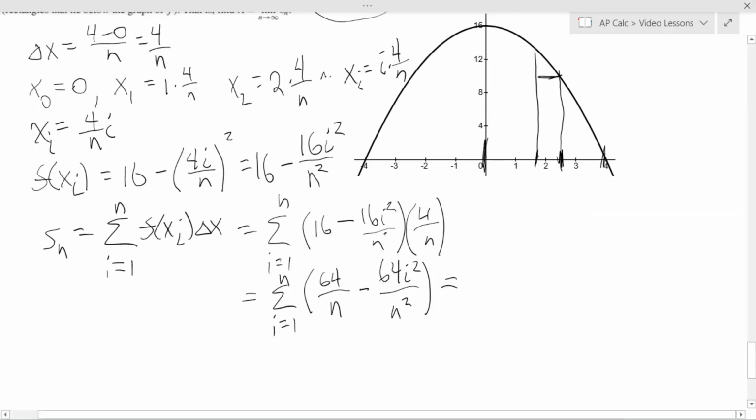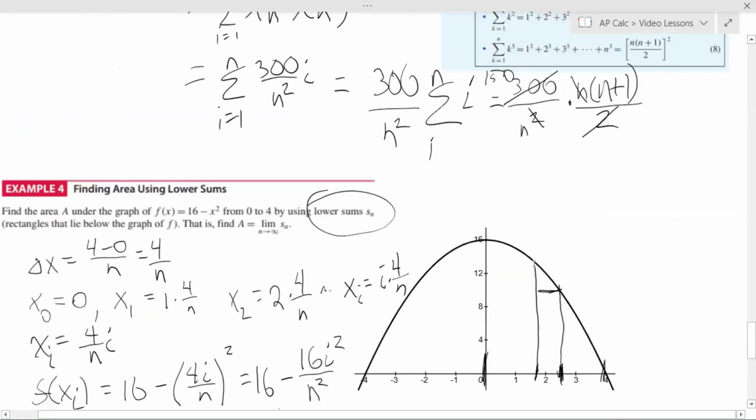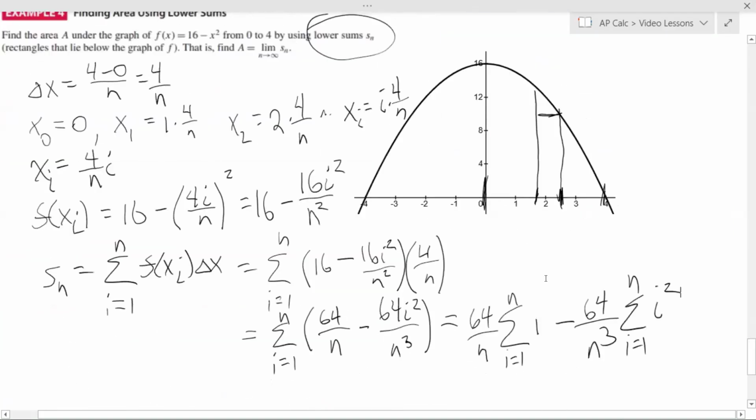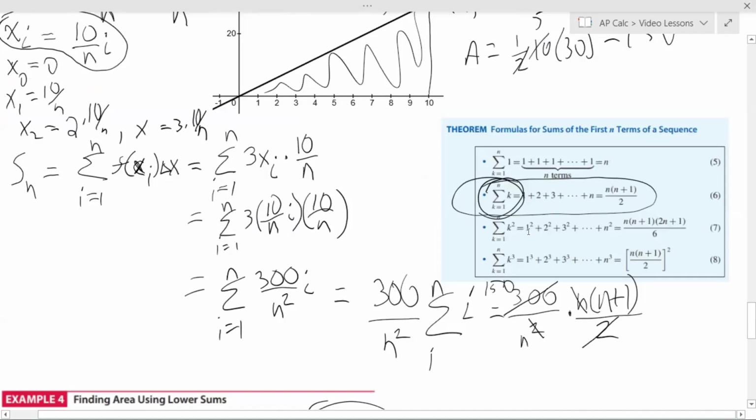Oops, I forgot, this is squared, so this one would be cubed. So we can break it apart and have 64 over n, sum i equals 1 to n of 1, minus 64 over n cubed, sum i equals 1 to n of i squared. And then what we're going to do is use these summation properties. Notice we have 1 here, so that's the first property. And then we have i squared here, which is the third property for k squared.